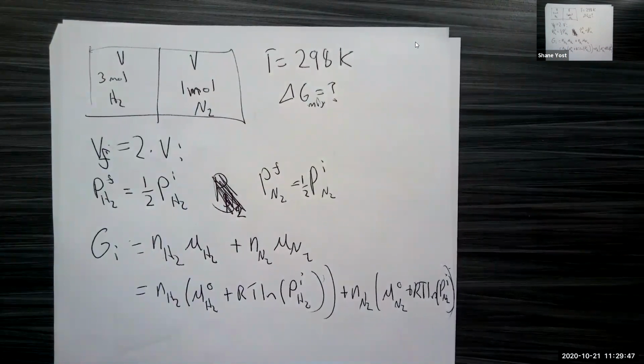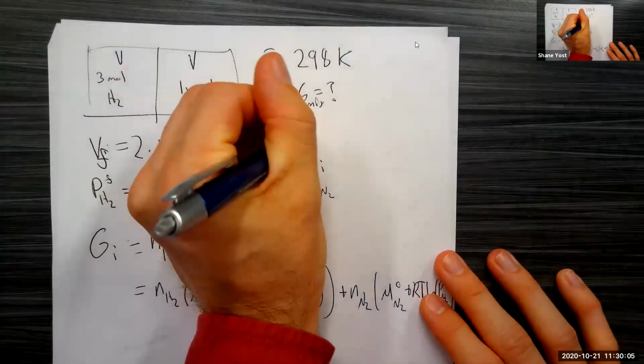And these are just ideal gases, so it does not matter if I call it H2, N2, or whatever. 3 moles of an ideal gas has 3 times the pressure of 1 mole of an ideal gas under the same volume and temperature conditions. So I can make that note and we'll see if it will be relevant.